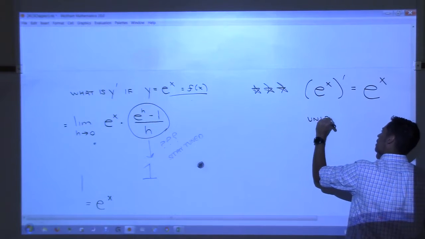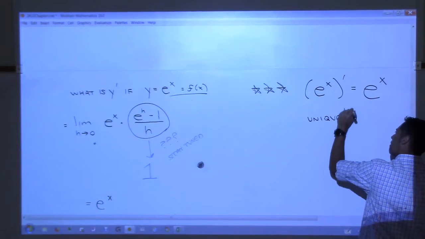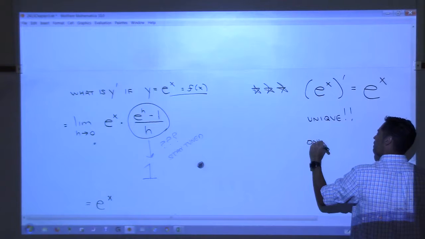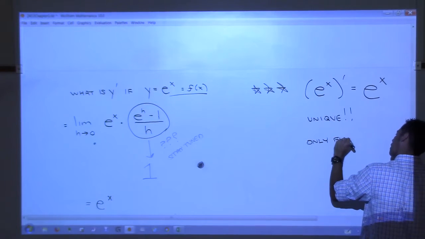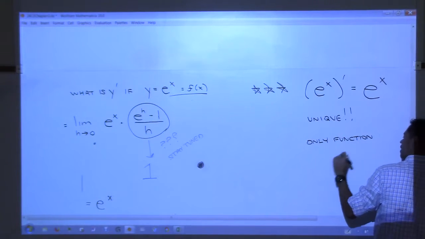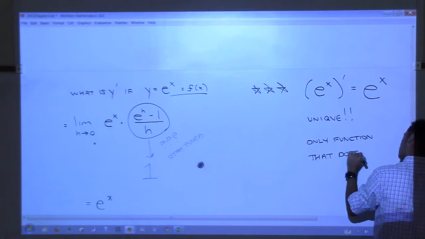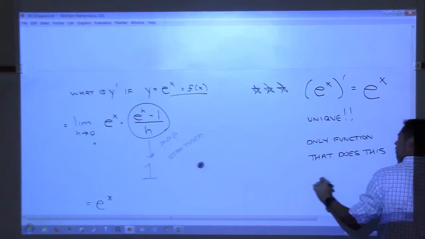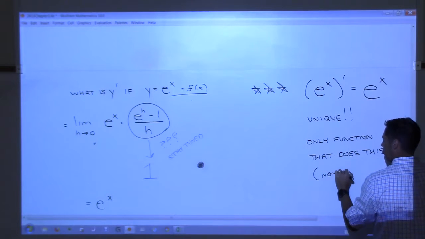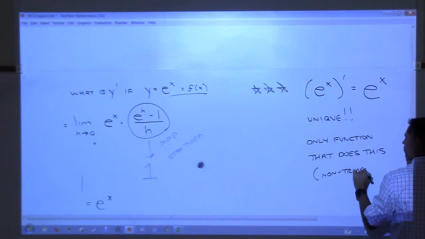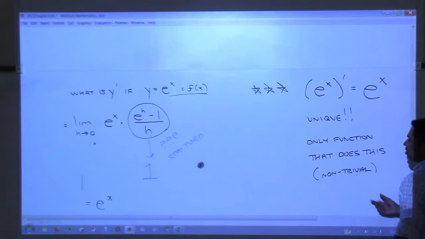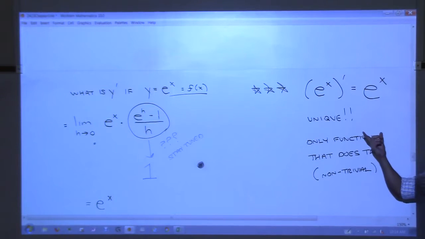This is unique. Only function that does this. That says non-trivial. There is another function that does this, all right?